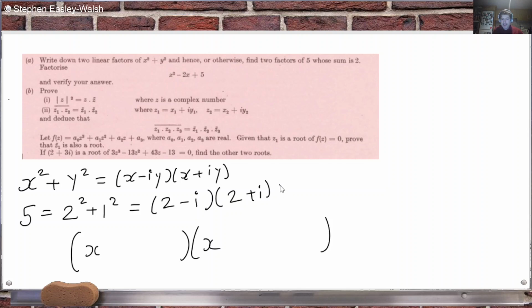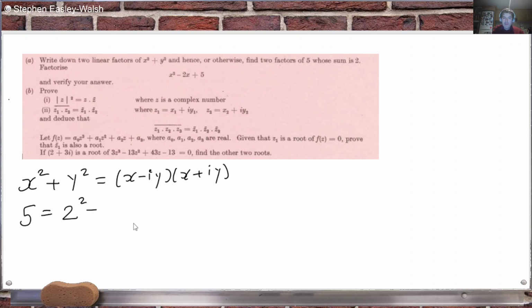Well, we know these two numbers multiply to make 5 and add to make minus 2. That's sad. They add to make 4. Oh, yeah, of course. Sorry, the sum is 2. So I've actually not successfully completed the last part. Alright, so it's not 2 squared plus 1 squared then.